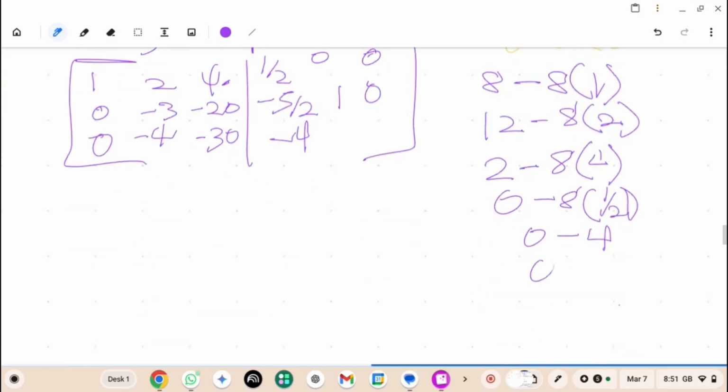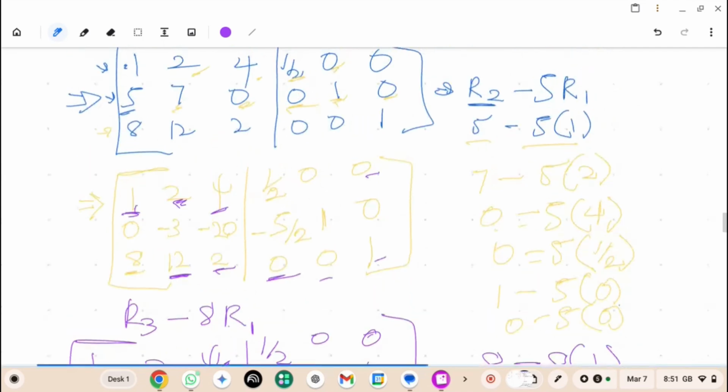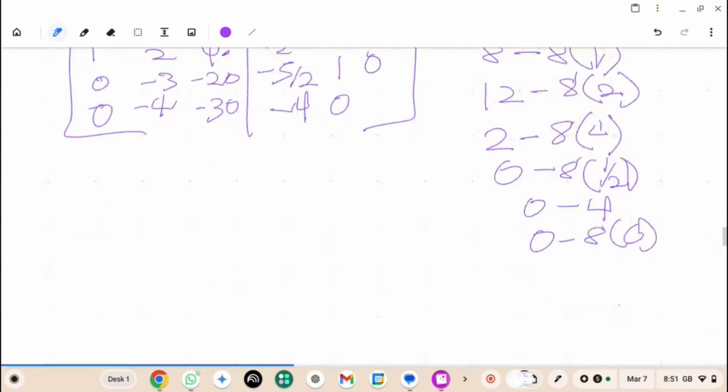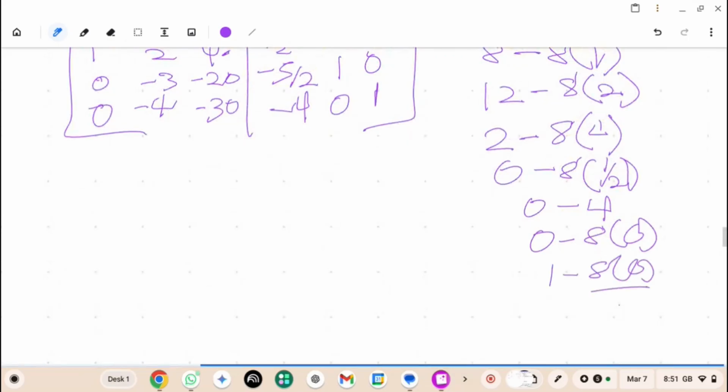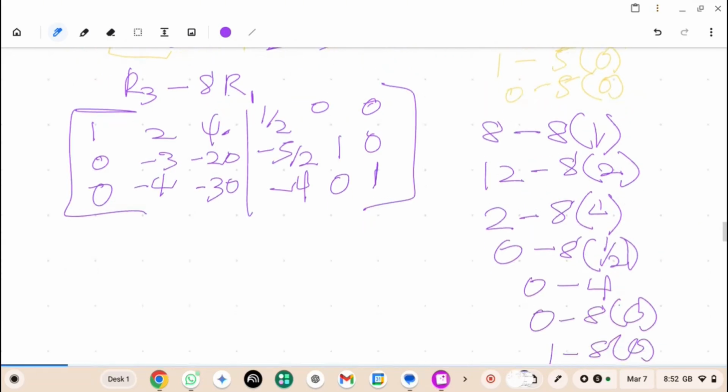So it's 0 minus 8 multiplying 0, which will give you 0. So here is 0. You have 1 here, and then the row 1 value is also 0. So you get 1, because 1 minus 8 multiplying 0 is 1. So here is 1.